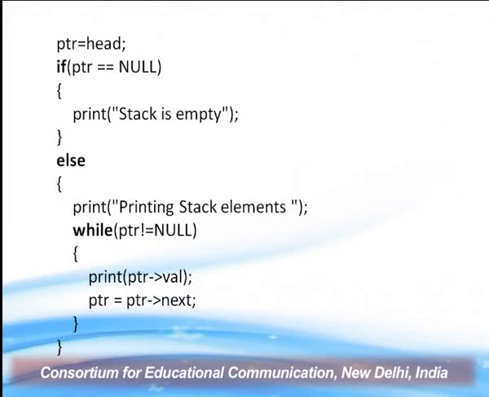Programmatically, or pseudocode-wise, this can be done in a very simple manner, but before traversal we also need to check whether your stack is already empty. If a stack is already empty, we cannot traverse it, that is very obvious. So the value of head is assigned to a temporary variable PTR, and if PTR equals null, we print that the stack is empty, as obviously it can't be traversed.